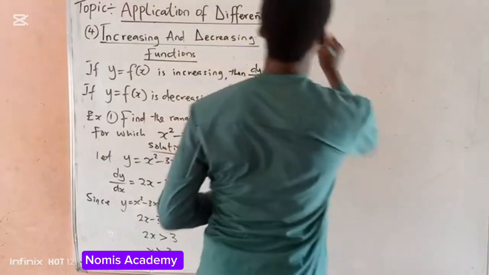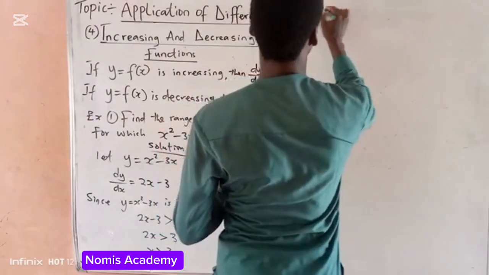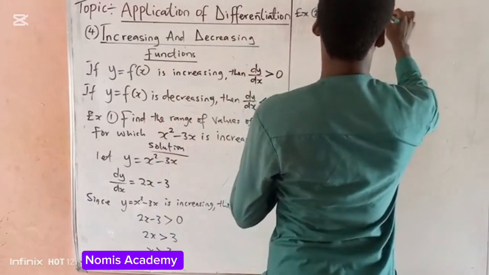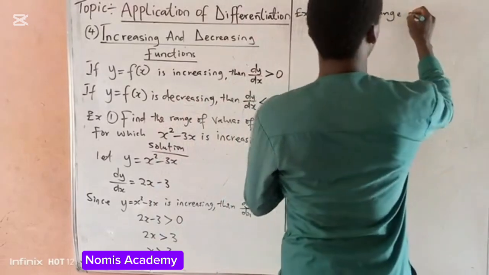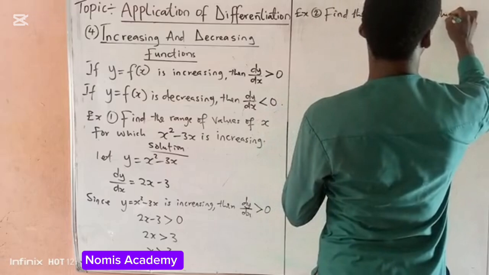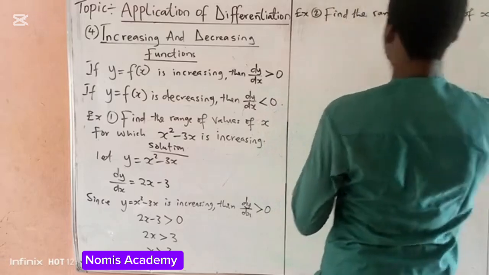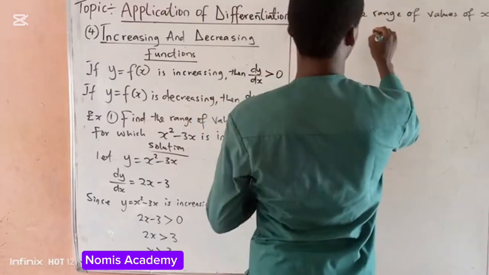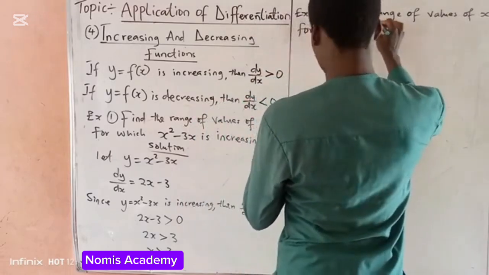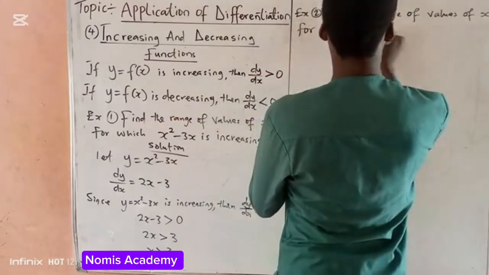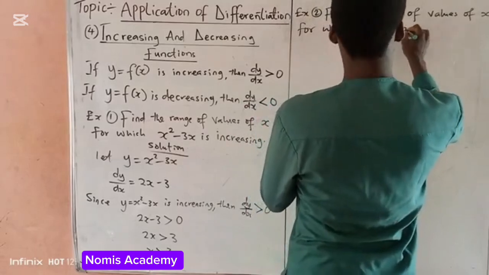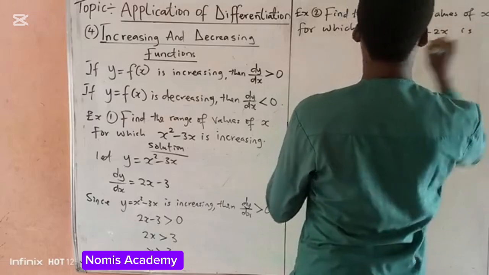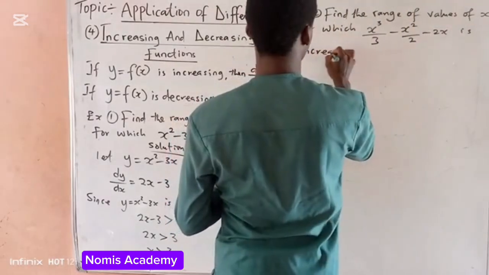Okay, example 2. Find the range of values of x for which x cubed all over 3 minus x squared all over 2 minus 2x is increasing.